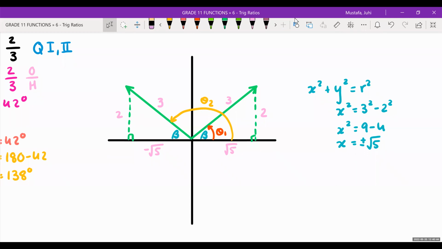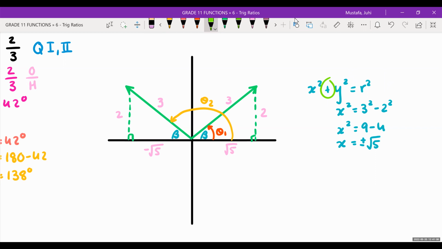For this part, what I did is I took the y squared and I moved it here. If it's positive y squared, when you move it to the other side, it becomes minus y squared. So it's really x squared is equal to r squared minus y squared. Because if it's a positive here, when you move it over, you have to subtract.